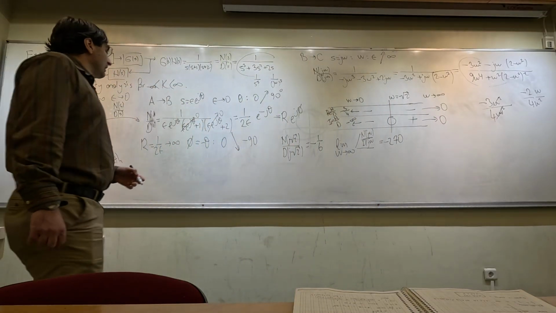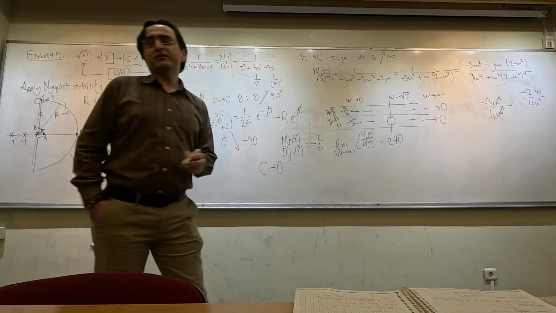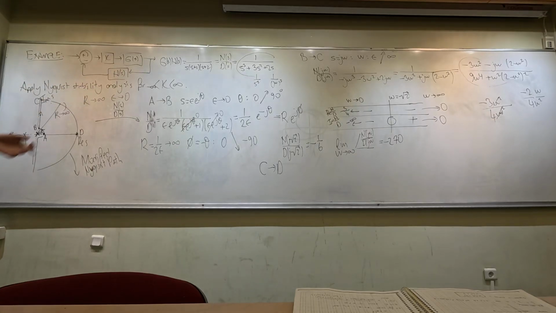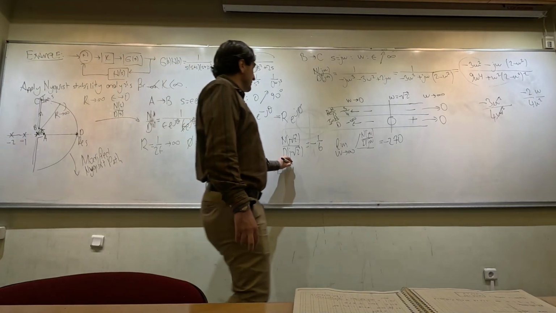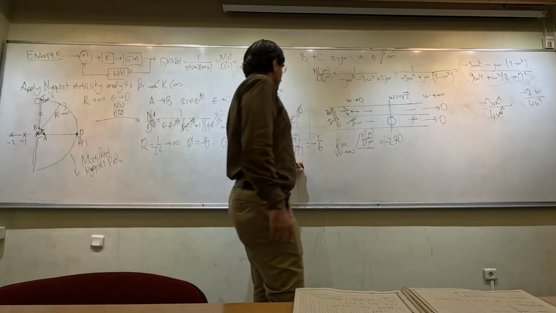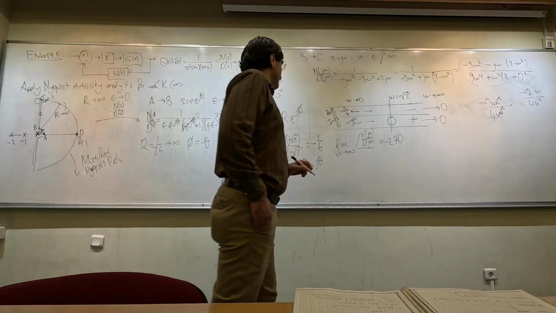And finally, I have the part from C to D. This part is easy. In this case, I'm going to cut this part short because usually the Nyquist plot is going to shrink to 0 at this part. In this part, the parameterization is from C to D. We are on a circle with infinite radius, r e to the j theta.